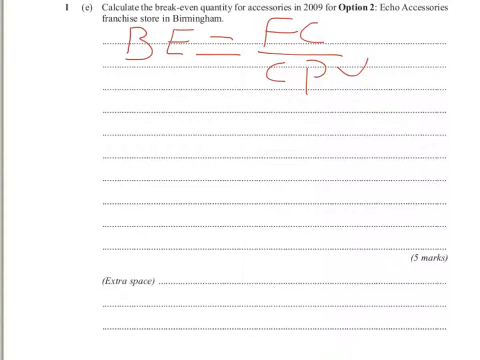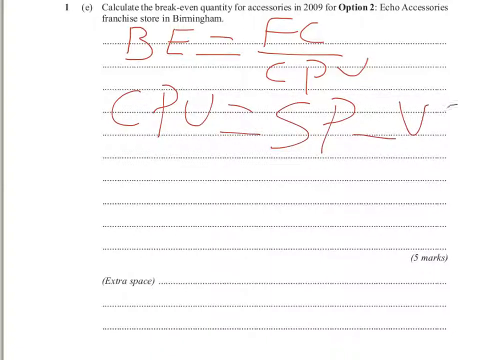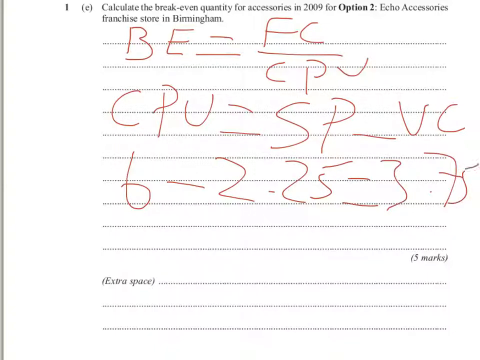equals fixed costs divided by contribution per unit. To work out contribution per unit, it's just the selling price minus the variable cost. Remember, you're calculating this for option 2. So the selling price is £6 and the variable cost is £2.25, which makes the contribution per unit £3.75. The fixed costs are given to you, which are 30,000.